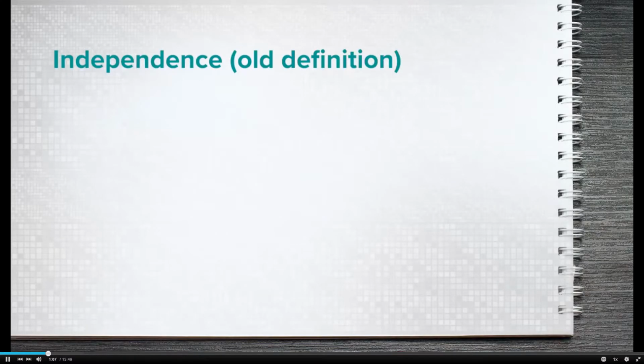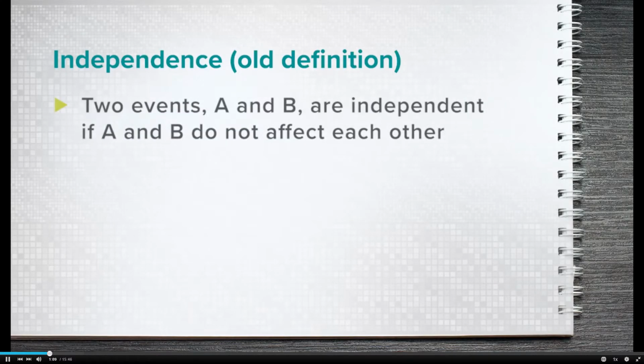First, we'll start with defining independence mathematically. Our old definition for two independent events might be: two events A and B are independent if A and B do not affect each other. That's not incorrect. That just doesn't have the mathematical context that we want for statistics.